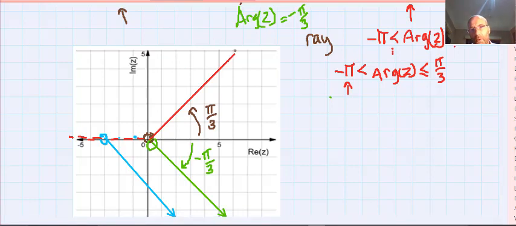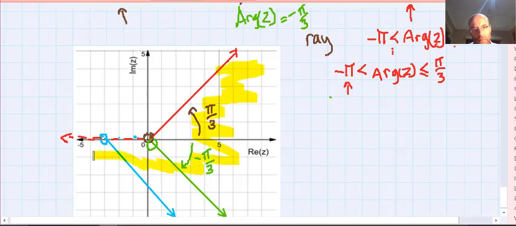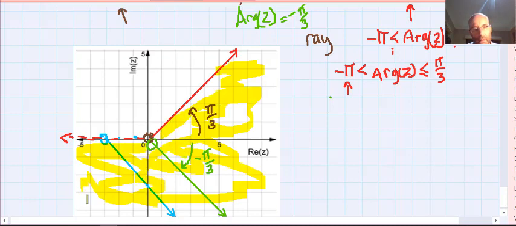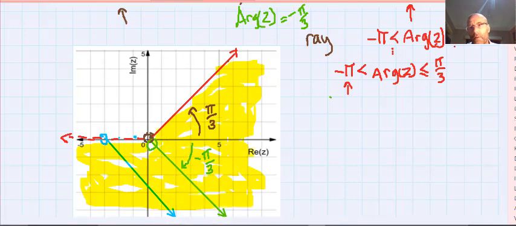In terms of arrowheads, I've placed arrowheads on both of those rays, the excluded ray and the included ray, and now we're looking at the region that's shaded. Okay, so it's all of this. You get the idea, and now you're covered.